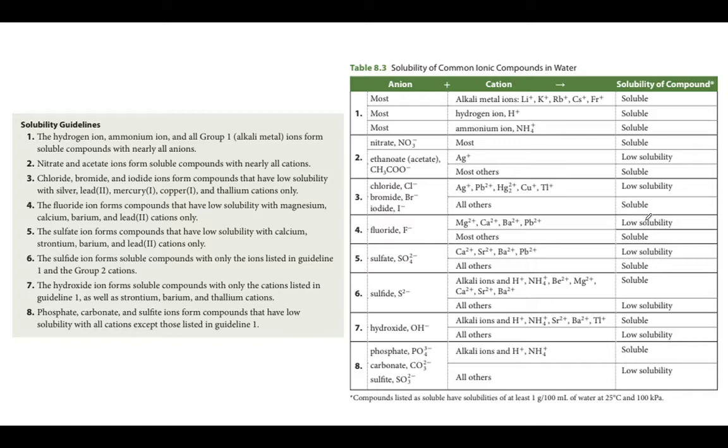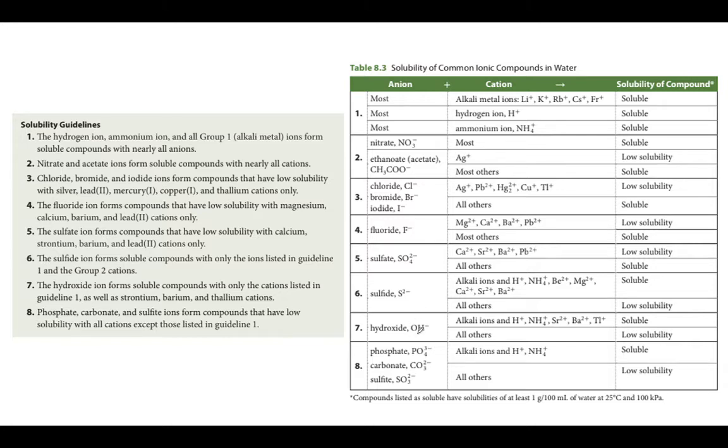If I'm looking at an unknown substance or an unknown solution, I can use this solubility chart to confirm the presence of certain ions. Here's a situation.